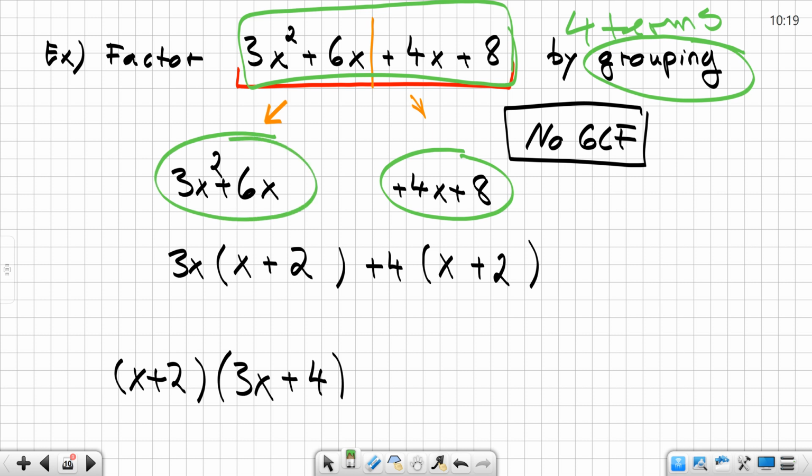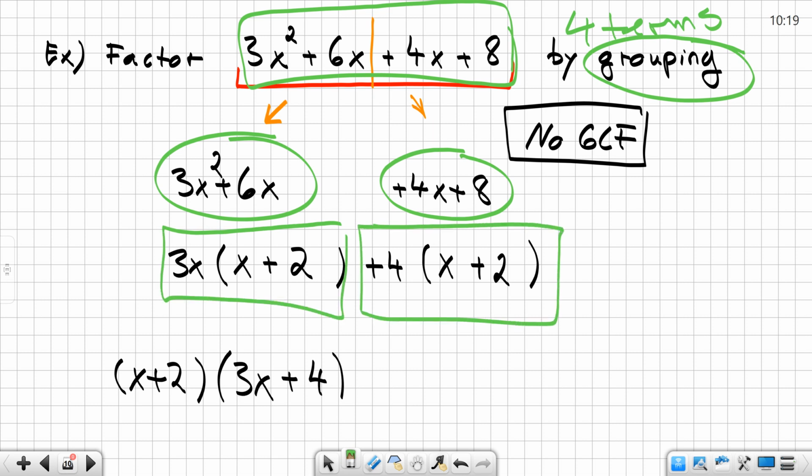And I will factor each of those separately, just like this, just to find that there is a common factor in both of these terms. And in this case, the factor that we have found was x plus 2 on the left, x plus 2 on the right. I can factor this out, and I am done. So really, I have to factor twice when I have 4 terms.